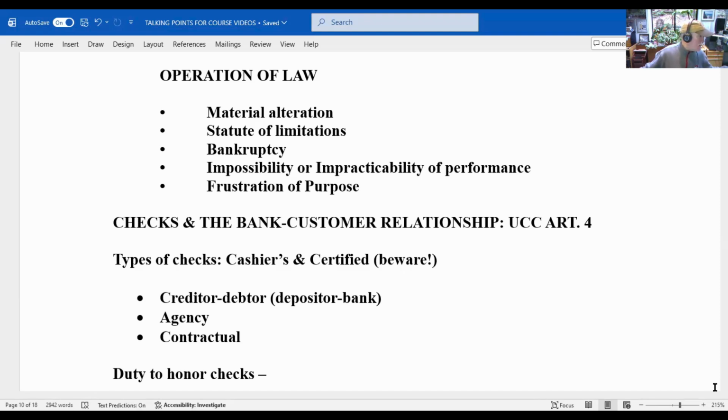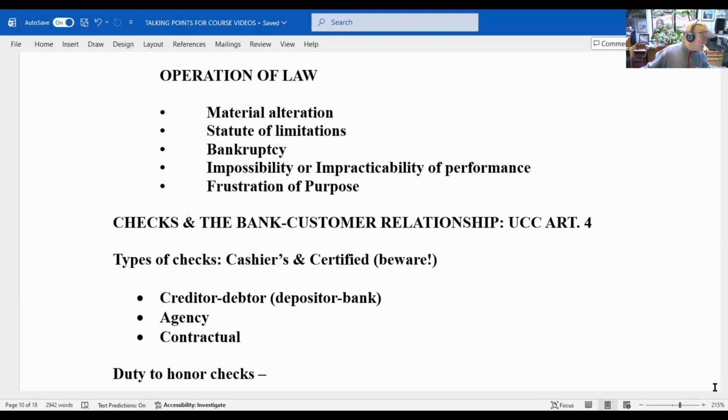Basically, the bank-customer relationship is based on a number of things. It's a creditor-debtor relationship, created, for instance, when a customer makes a cash deposit into a checking account. The customer provides the deposit, the customer becomes the creditor, and the bank is the debtor for the amount deposited.